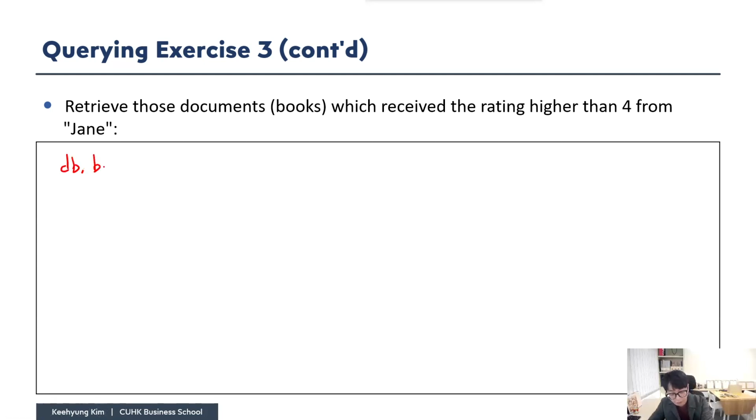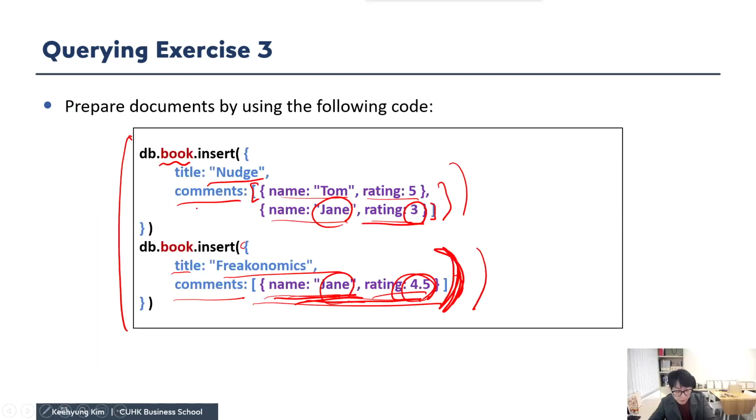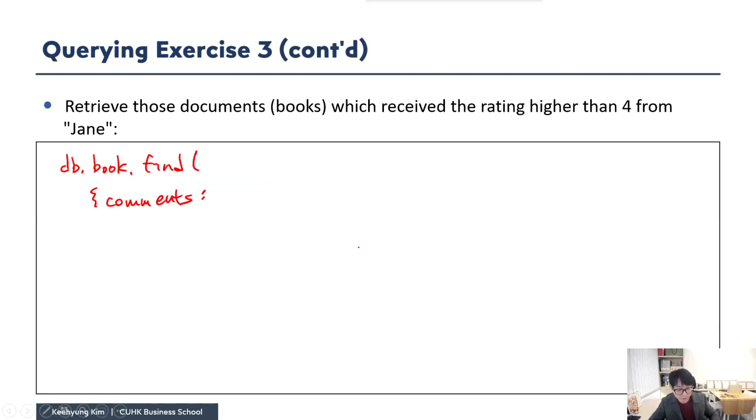So we can use db.book collection and we want to find, and what we want to compare is the comments. Inside the comments, the comments contain a list of elements. So we use elemMatch in this case.